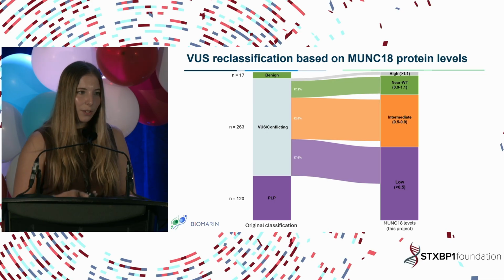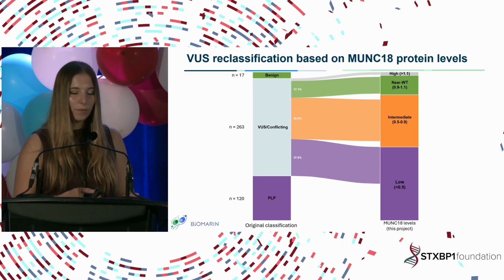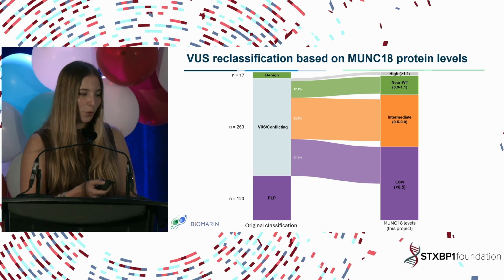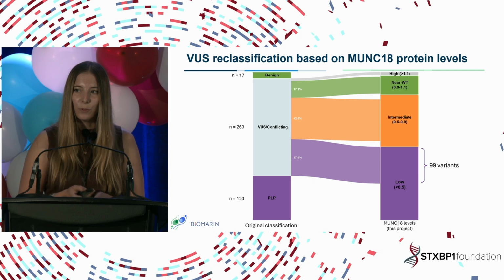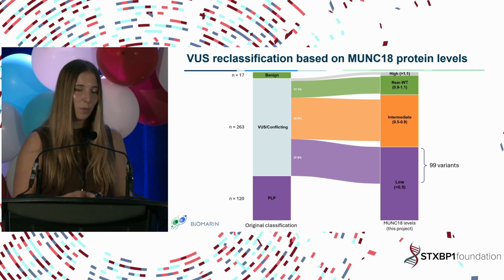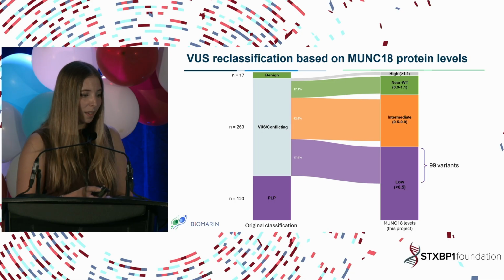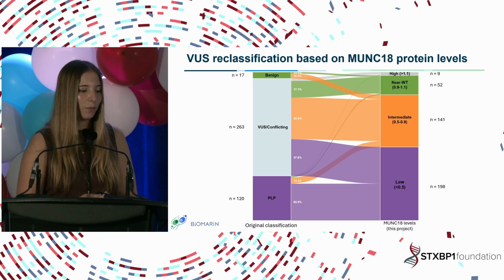If we look at the VUS conflicting variants, they had more variable levels, of course, but what we can take home is that 99 of these variants have very low levels of MONC18, which could indicate that they are actually STXBP1 patients that never received a diagnosis. And finally, we can see that most of the PLP variants showed low levels of MONC18.